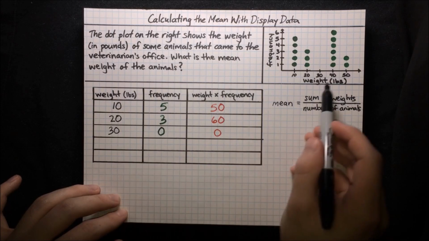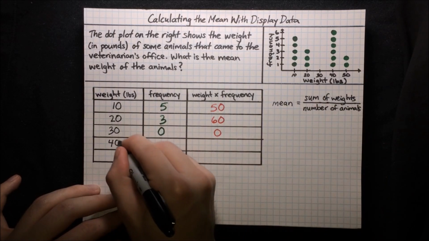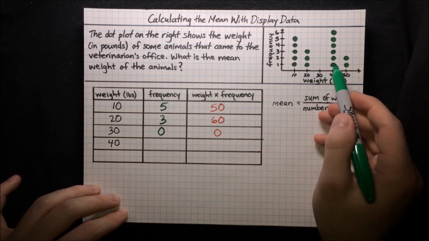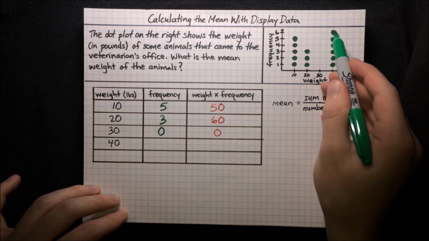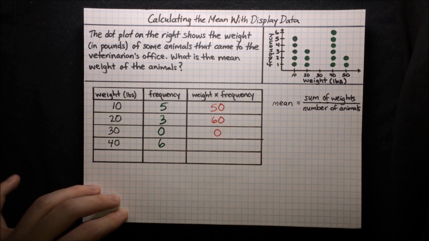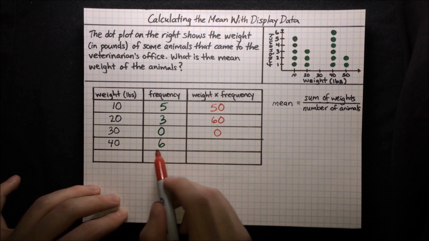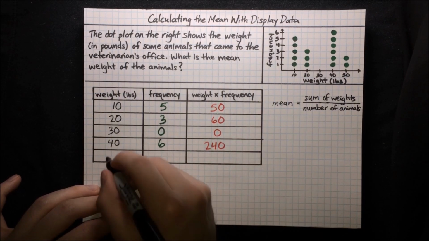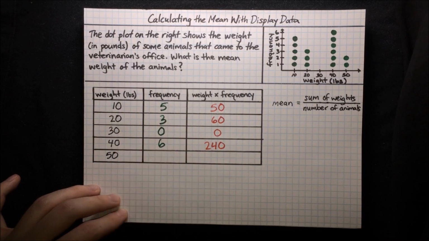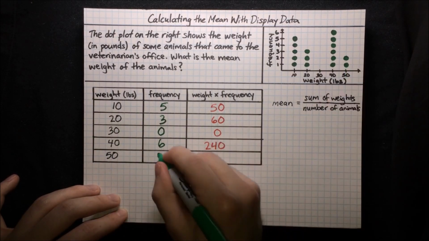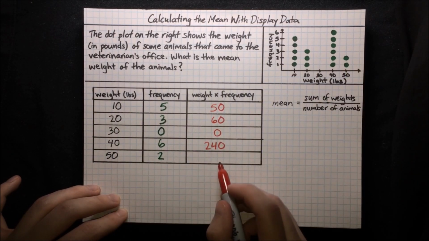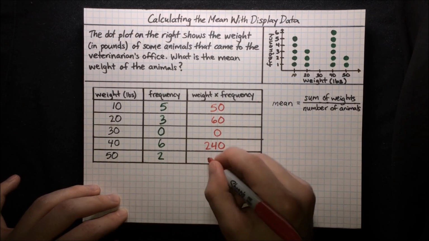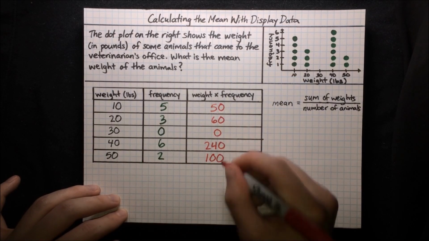The next weight is 40 pounds. The frequency there is 1, 2, 3, 4, 5, 6. And weight times frequency, 40 times 6, is 240. Alright, down to our last row, 50 pounds. Frequency is 2. Weight times frequency is 50 times 2, which is 100.